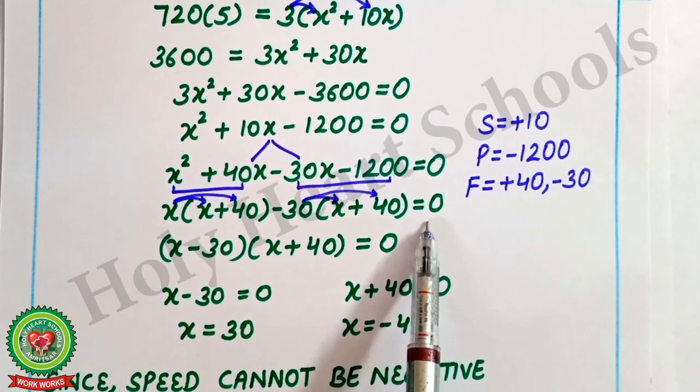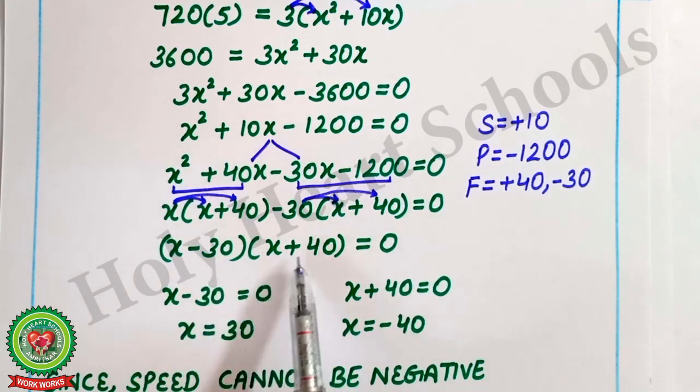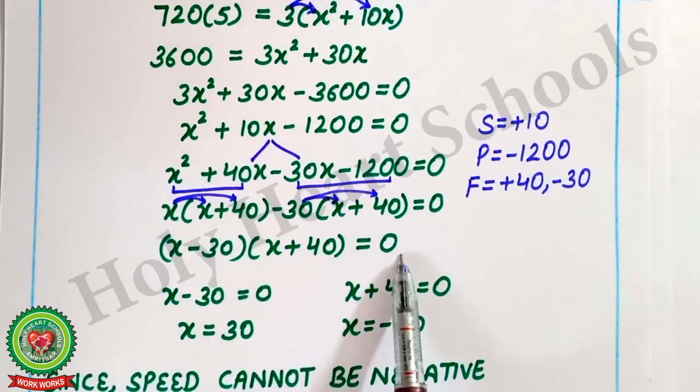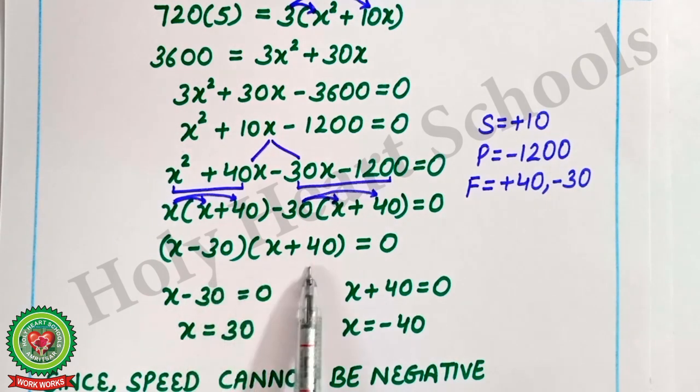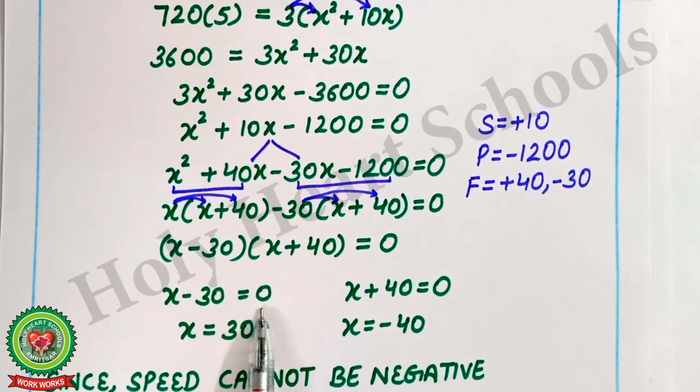Then x minus 30 into x plus 40 equals 0. Next step is either-or: x minus 30 equals 0 and x plus 40 equals 0. From here the value of x is 30 and x equals minus 40.